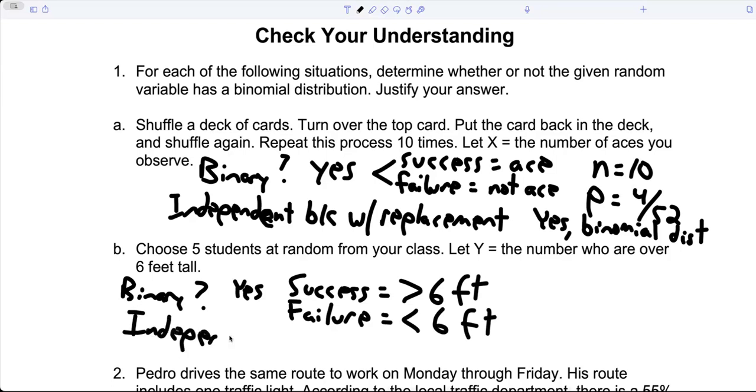Was the selection independent? In this case, no, it was not, because there was no replacement when I was selecting. And so if it fails any of the 4 criteria, then it is not binomial. So we say not binomial.